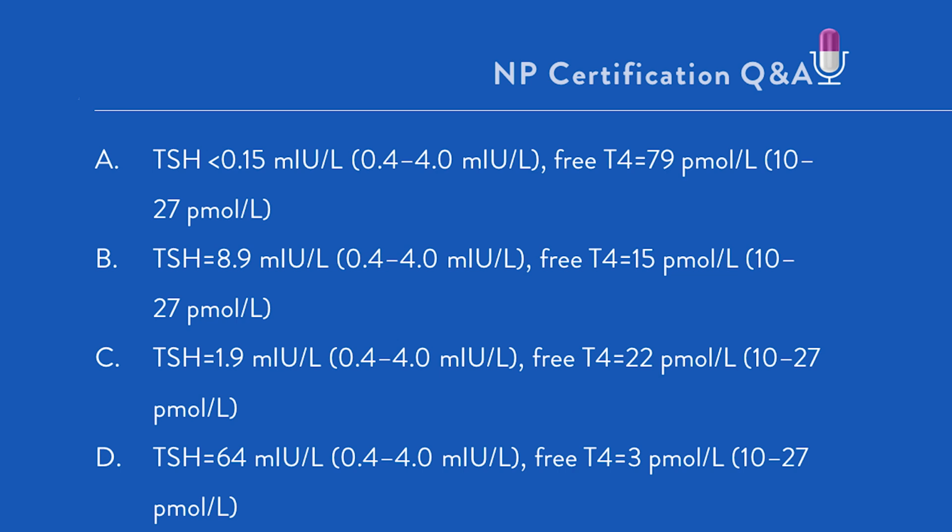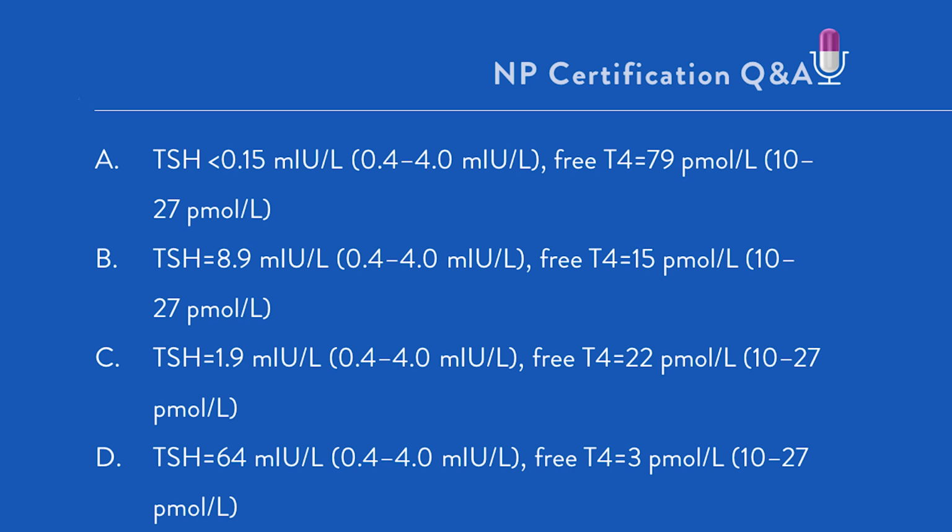Option B, the TSH is 8.9, so it is elevated. It's more than twice the upper limits of normal, but the free T4 is within normal range at 15. Here, we see the TSH is elevated, though not markedly, but the free T4 is within normal limits. In other words, this thyroid needs a little bit extra stimulation to release sufficient amounts of thyroid hormone.